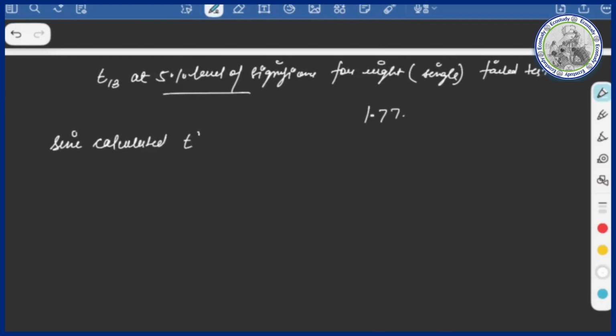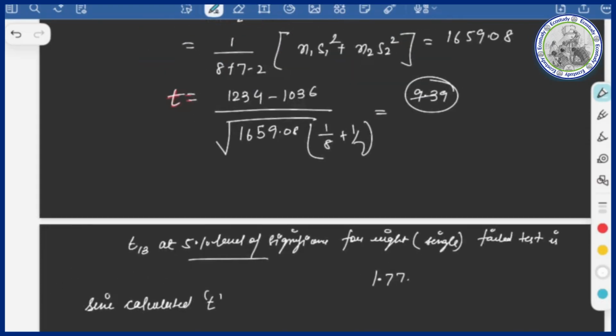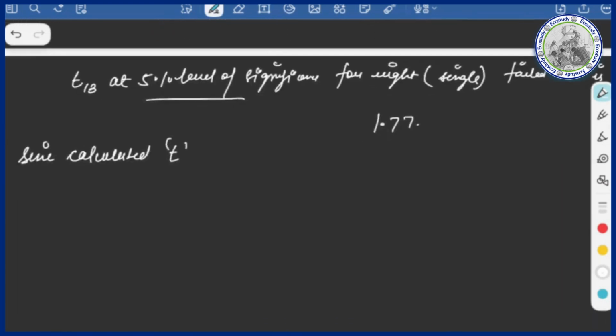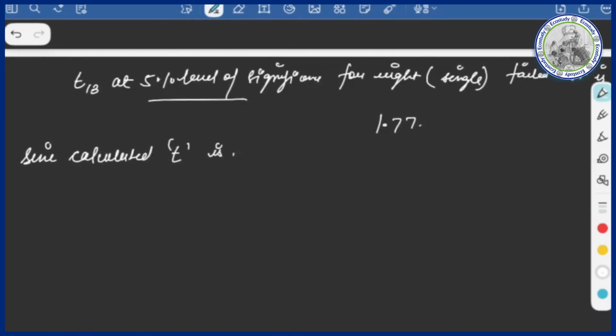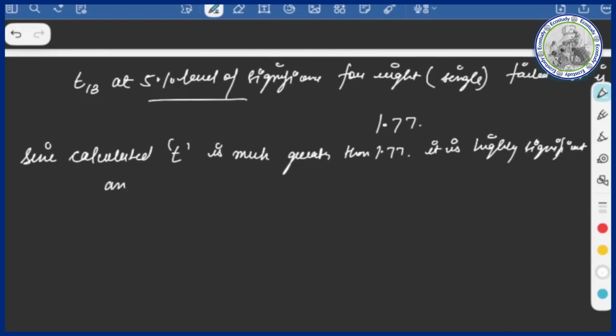Since calculated T, that is this one, is much greater than 1.77, so it is highly significant and H naught is rejected.